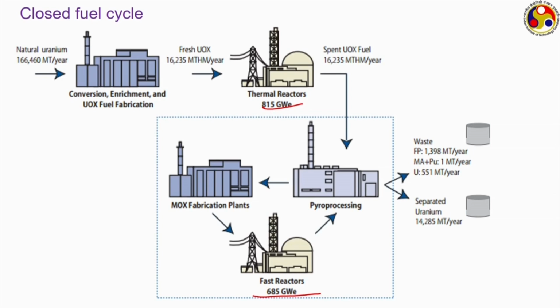And because of the breeding that may happen inside the fast reactor, while the reactor itself is consuming fissile material or fissile nuclei, it is also producing fissile nuclei, which via this process of pyroprocessing and MOX fabrication can again come back to the reactor, thereby minimizing the total emission from this. Here the amount of waste that is produced because of this is also very small.